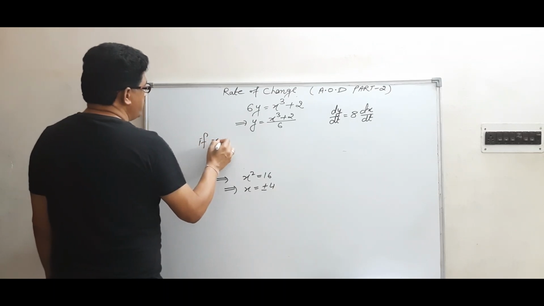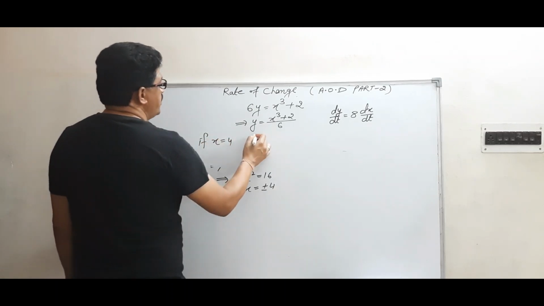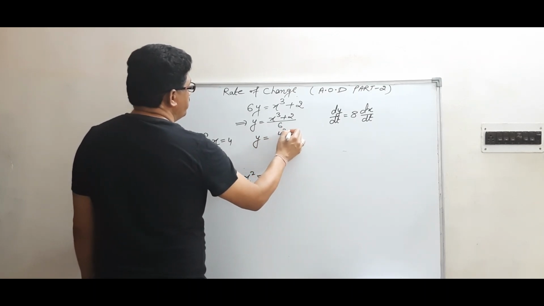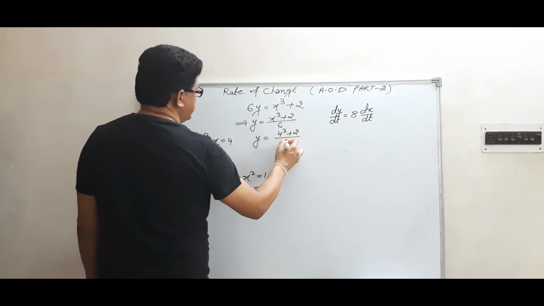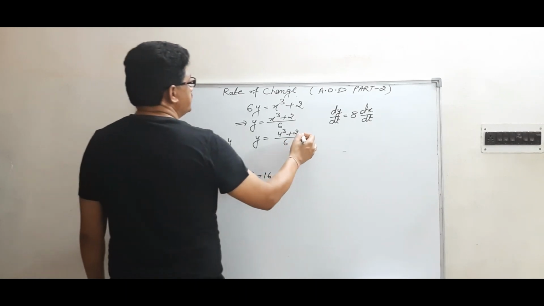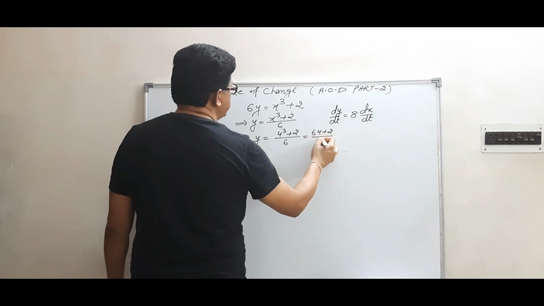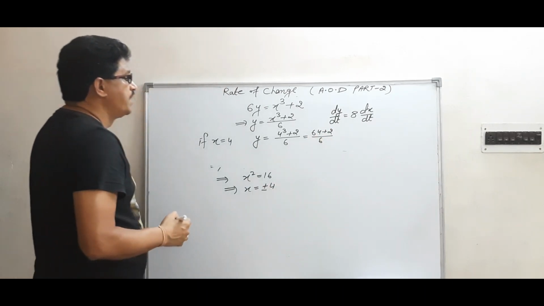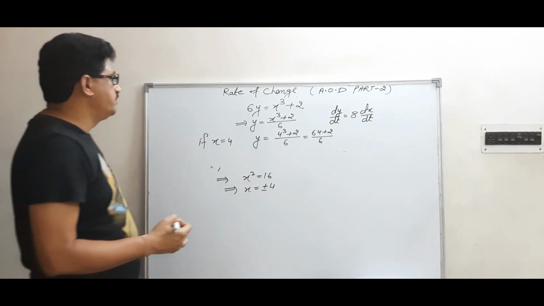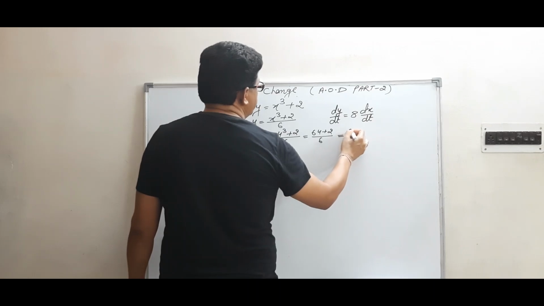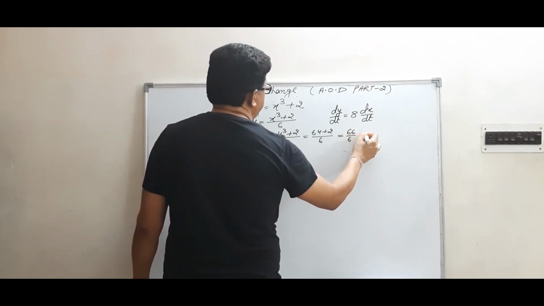If x is equals to 4, we can get y is equals to 4 cube plus 2 upon 6, 64 plus 2 upon 6. 4 cube is 64. 66 upon 6 is 11.